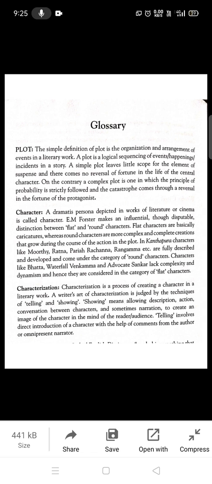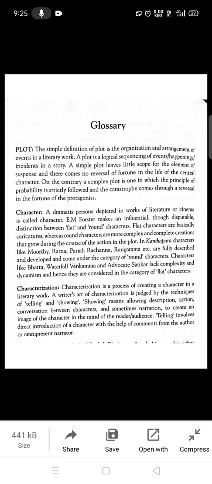So, what is plot? In order to understand plot, first we need to understand story. What is story? Story is, we can say, a chronological order or chronological sequencing of various events and incidents.